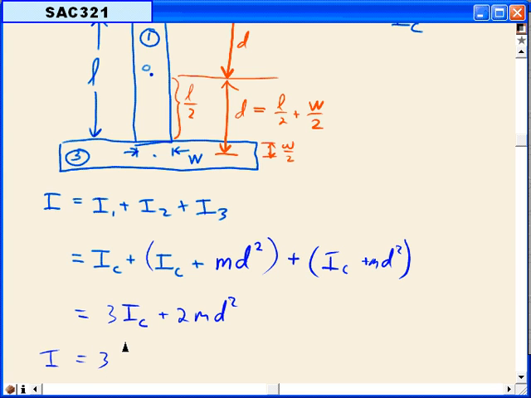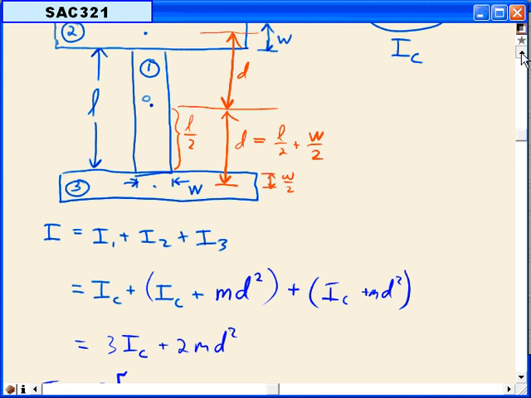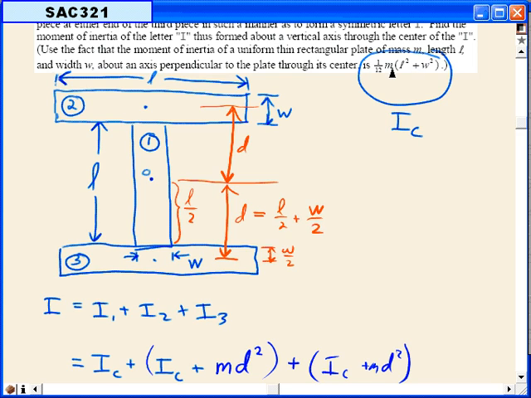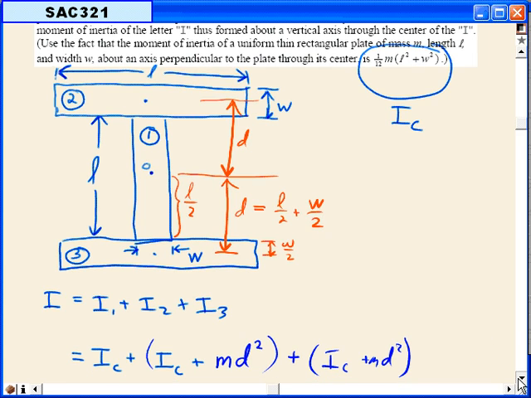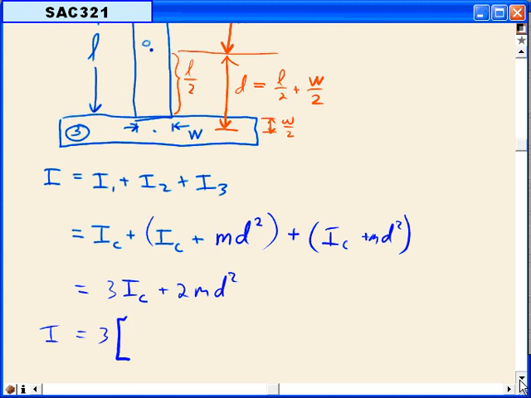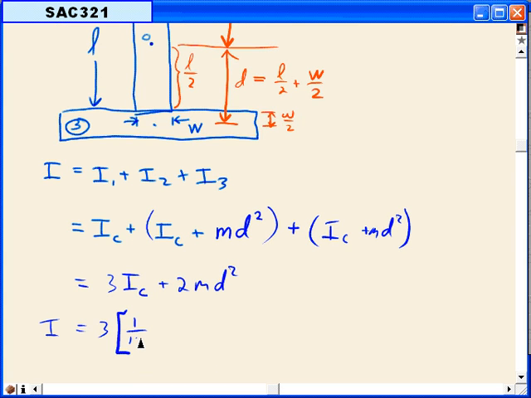Alright, let's go ahead and get that in terms of the givens. It's 3 times whatever our expression is up there, 1/12 m times (L squared plus W squared) in parentheses, and then plus 2m times d, that's this expression.